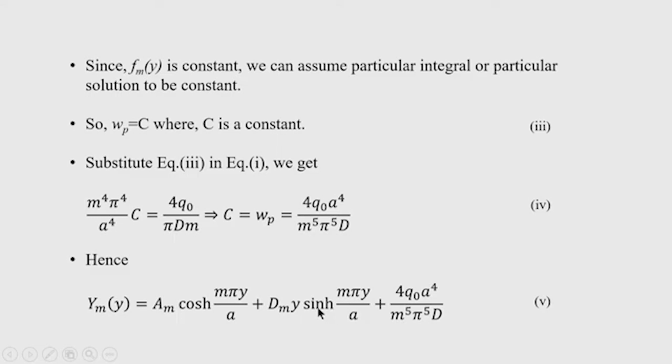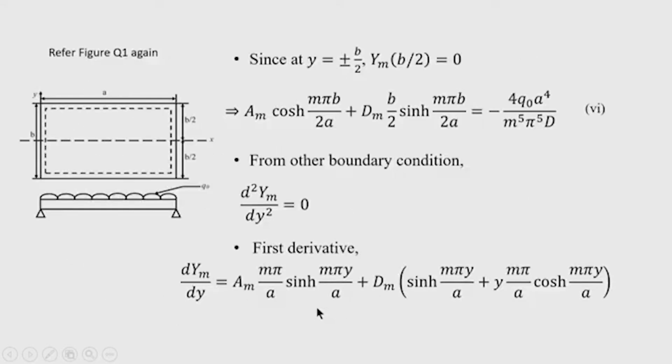So, now let us see how we can impose the boundary conditions. Refer to the figure of the question, the simply supported plate here again, and this is the x axis and this is the loading that is applied on the plate. Since at y equal to plus or minus b by 2, when y is equal to plus b by 2, that means this edge, or minus b by 2 is this edge, the boundary condition is the same.